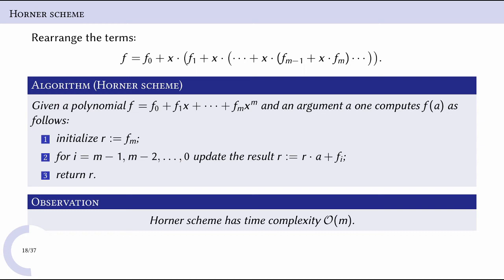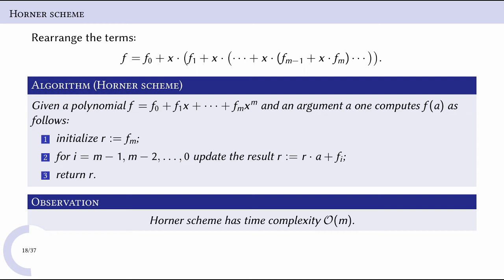So first we have fm, then we have fm times a plus fm minus 1, then we multiply it by a and add fm minus 2, and so on and so on. Finally, when we exhausted all the coefficients, when i became 0, we reach the constant term, then R stores the result of the evaluation, so it's f of a, and so we can return R.